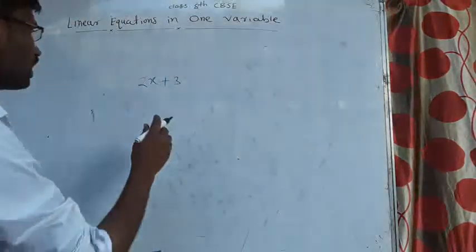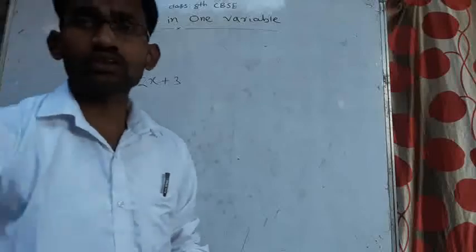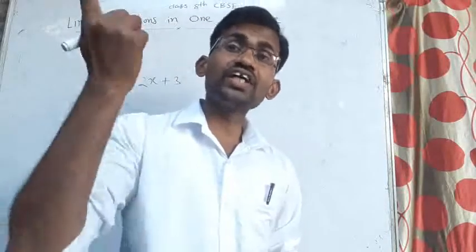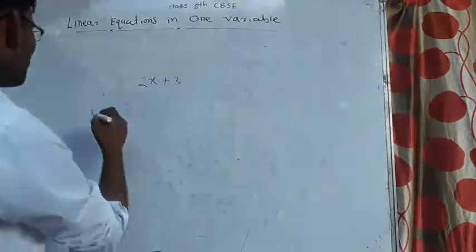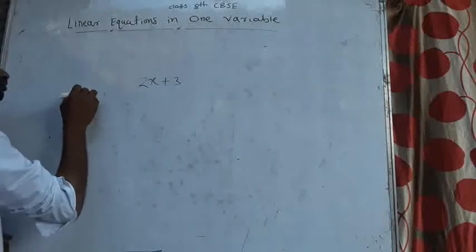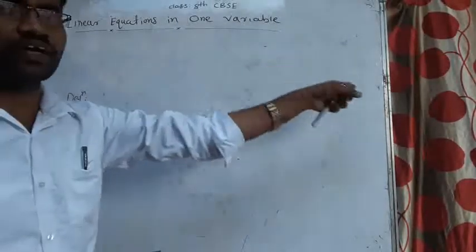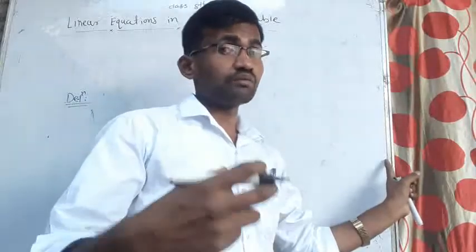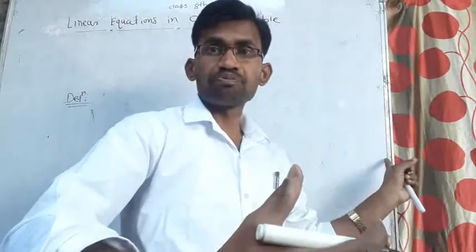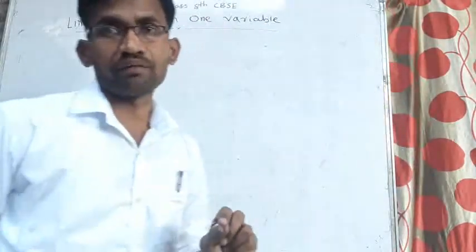Now, the name of our topic is linear equation in one variable. What will be the definition of linear equation in one variable? Linear equation means the highest power of the variable is 1. In one variable means there should be one variable.